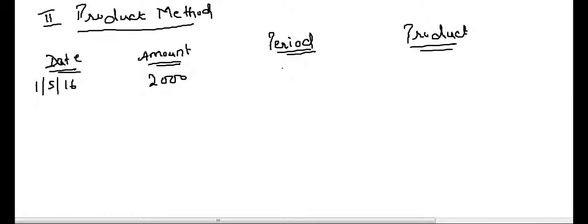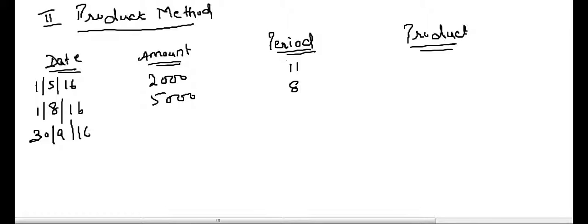For how many months is this amount being used? 11 months. I'll write here 11. Next, on 1st of August 2016 amount withdrawn is 5,000. For how many months is it being used? 8 months.